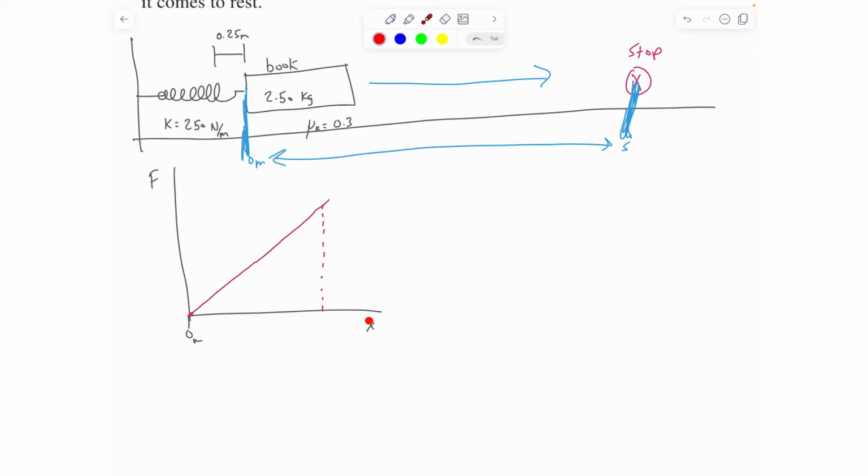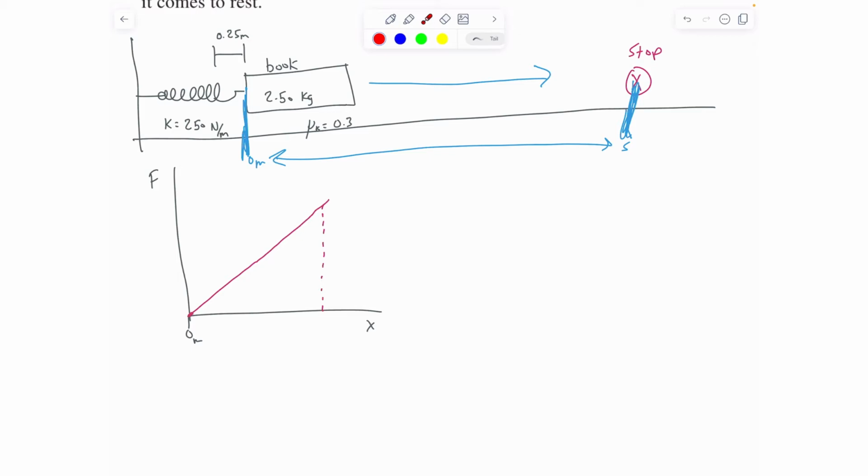When you first start to compress the spring, is it hard to do? No, it's pretty easy. But as you compress the spring more and more, there's more force required, because it's getting harder and harder to compress it even more. So the force is getting stronger.